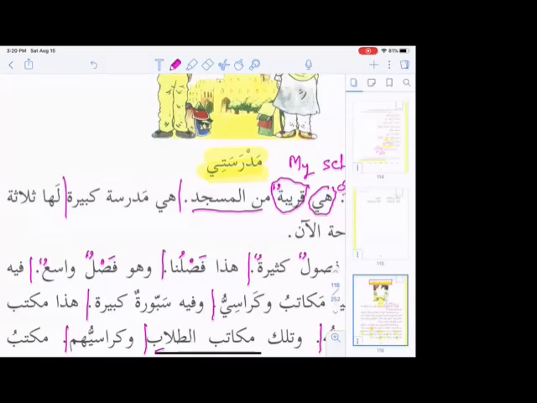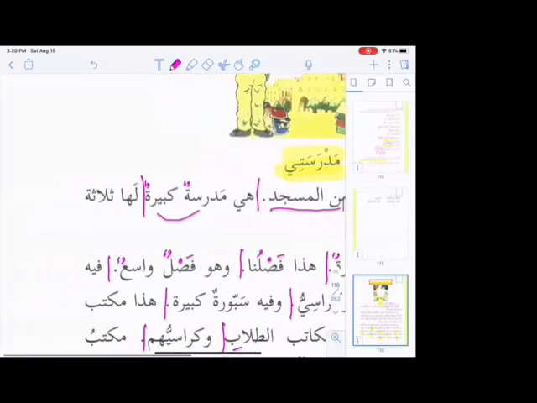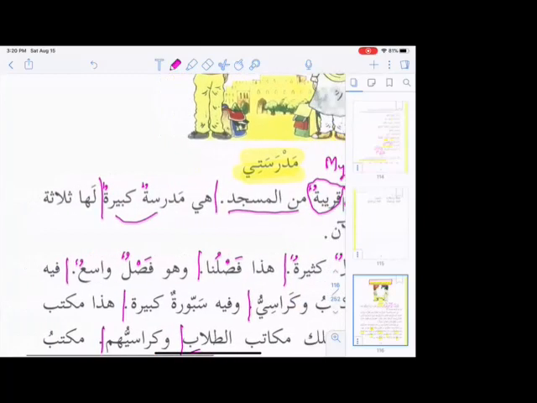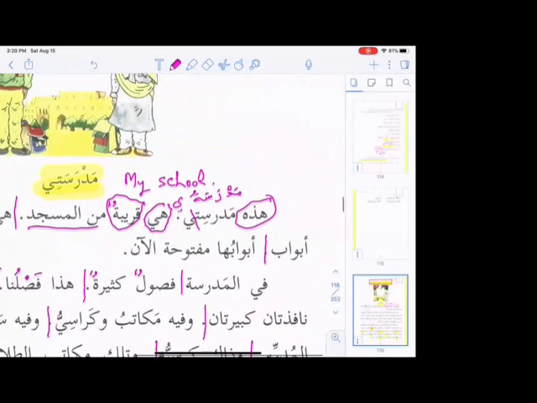Here, my brothers and sisters, mubtada, madrasatun, this is your khabar, and kabiratun is your naat. This is the adjective for madrasatun. Laha, it has, what does it have? Salasatu abwabin.